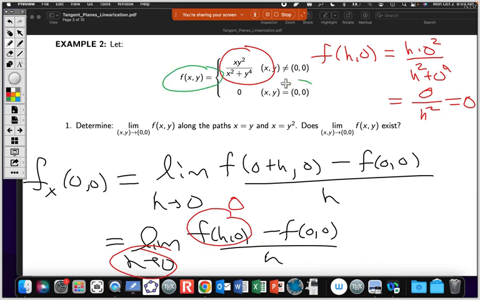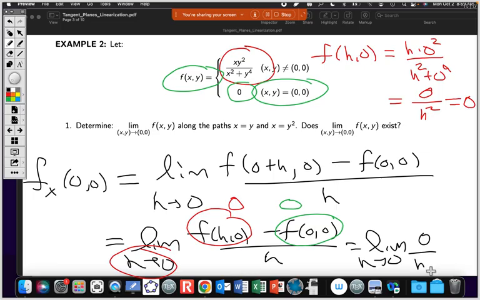The function is defined to be 0 at 0. And so this would be the limit as h goes to 0 of 0 over h. And once again, since h is approaching 0, it's never actually equal to 0, I can simplify the inside here to be 0. And so we literally did all that work for nothing, aka for 0.